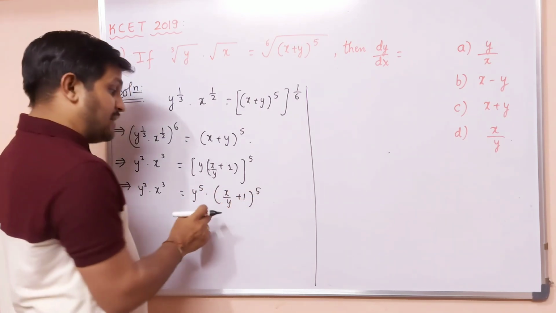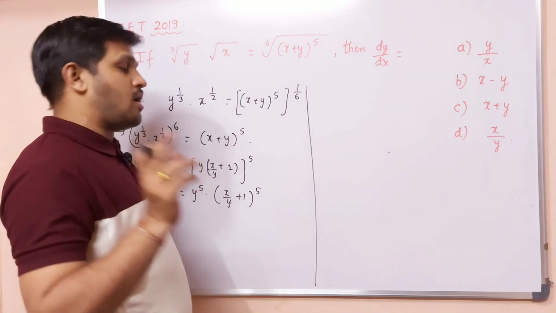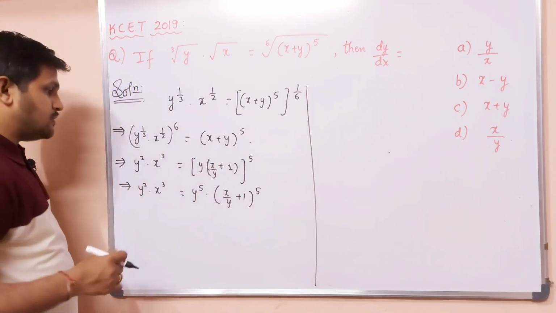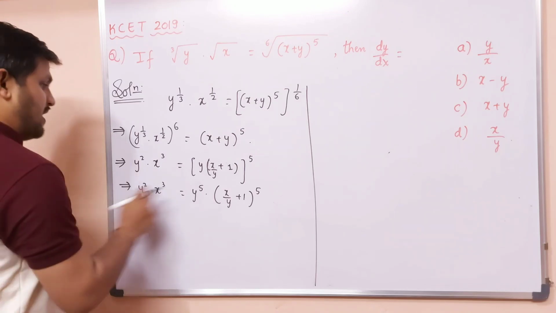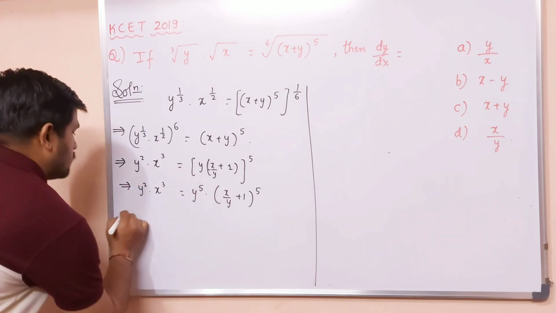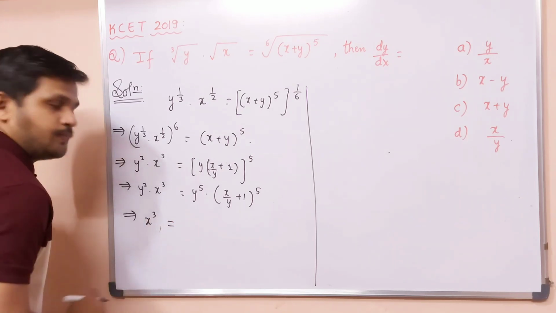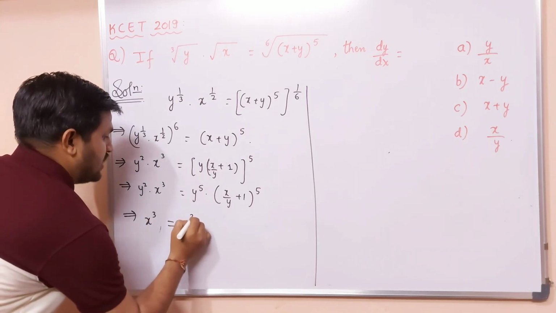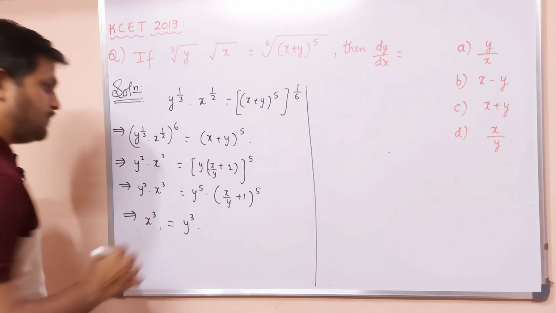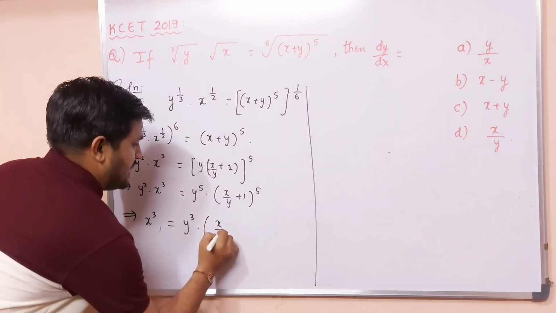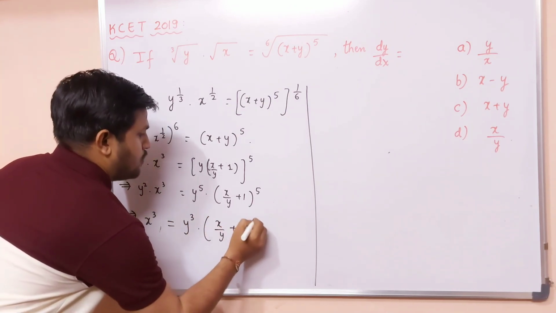Why are we making it in terms of x by y? There is a standard remark for that, so look at that. Watch this carefully. Now cancel y square. What will you get? x cube is equal to y power 3, because y square is cancelled, multiplied with (x by y plus 1) whole power 5.